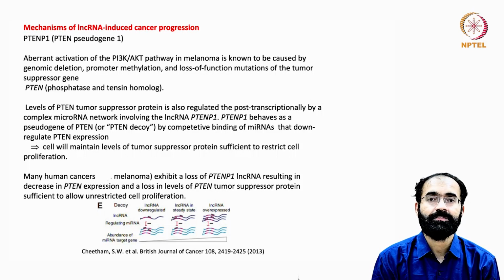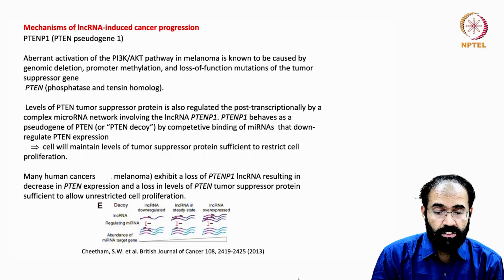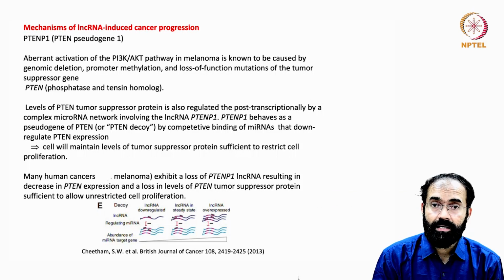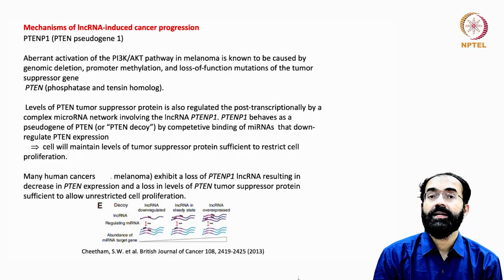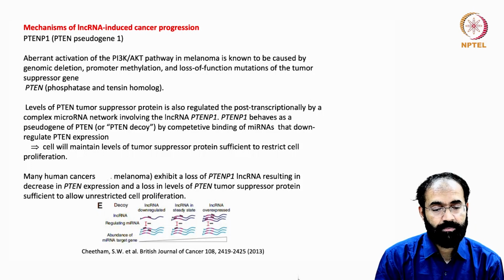So many times it will act like a scavenging molecule. That means the molecules that interact with PTEN will get competed out, something like that. So PTENP1 does competitive binding of the miRNA that is capable of downregulating PTEN expression.